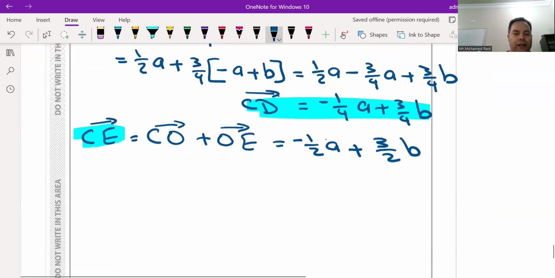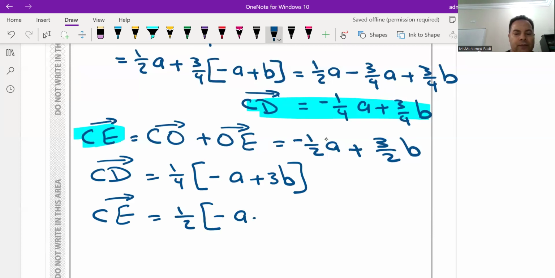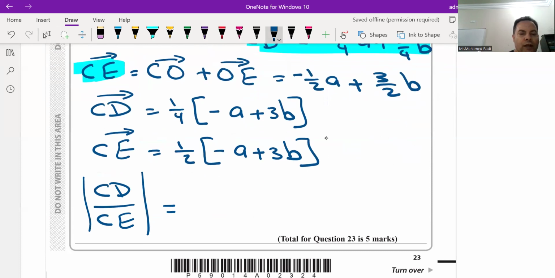If we simplify CD as a vector after taking 1/4 outside as a common factor, it will be 1/4 of minus a plus 3b, and vector CE, after taking half outside, will be half of minus a plus 3b. By comparing the magnitude of CD over CE, it is equal to 1/4 divided by half, after removing minus a plus 3b from both.